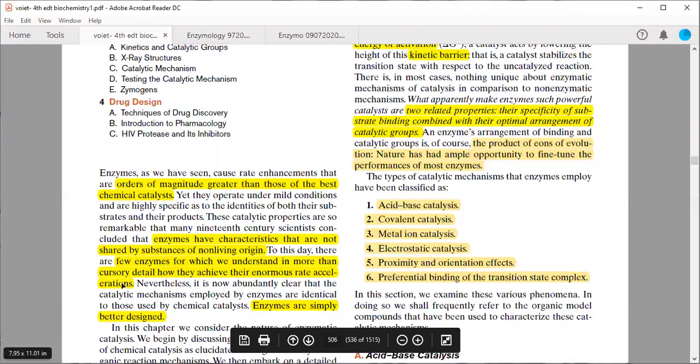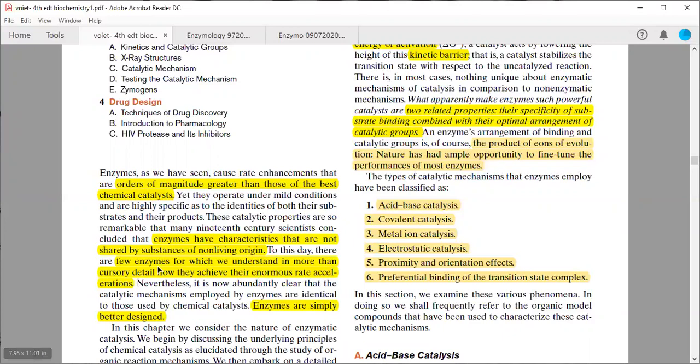Even today we have studied so many enzymes, but we know everything only about a few enzymes. The knowledge we have is based on the few enzymes we have studied in detail.